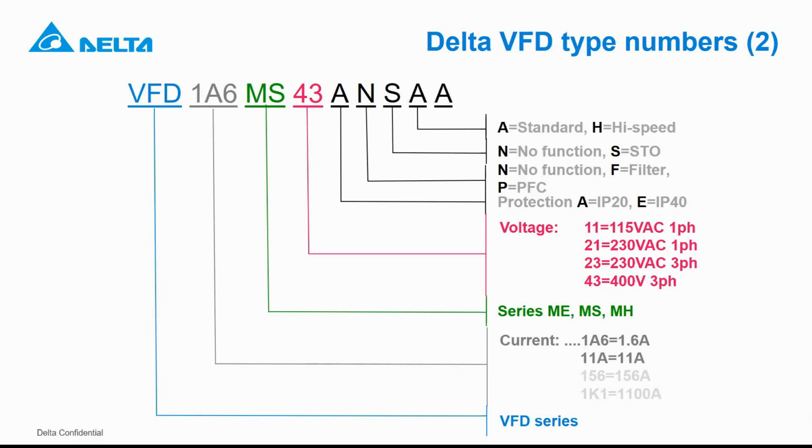It's important to mention that due to different regulations, you have to treat the high-speed drives more carefully. It's very important to be careful where you export these drives. And then finally, you have the hardware version of the drive.